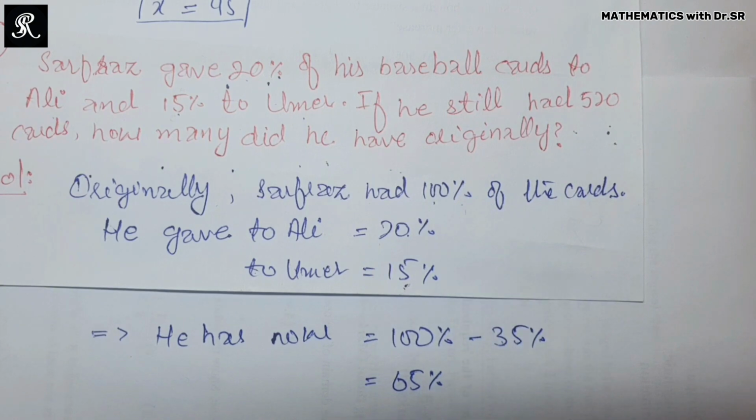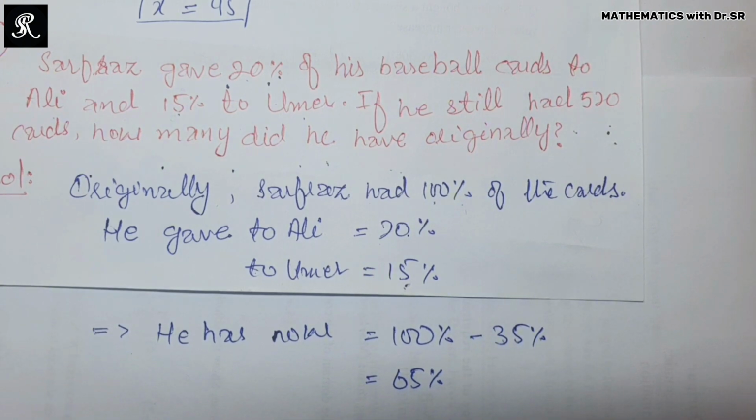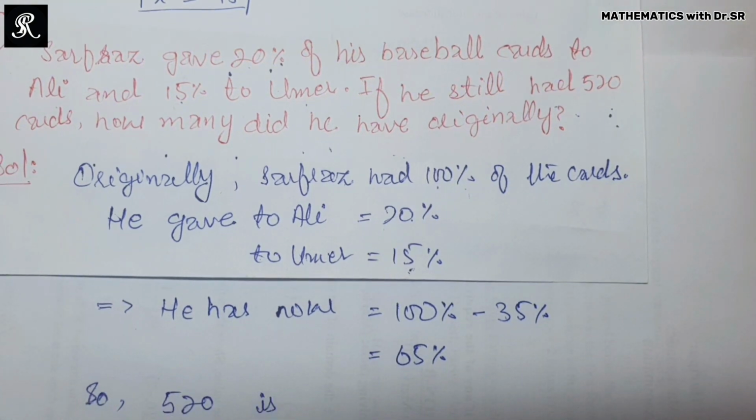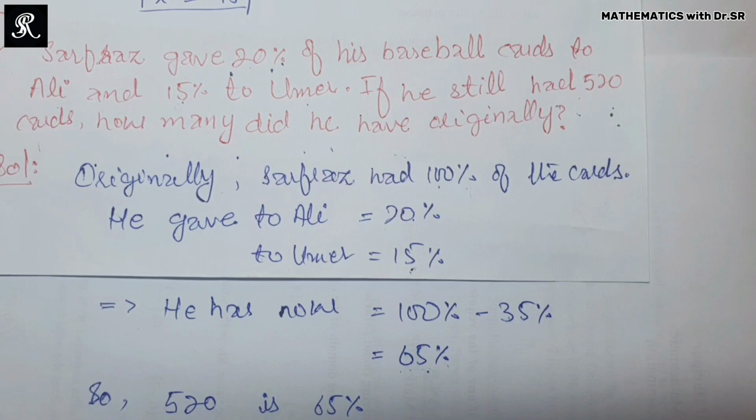So 520, now we will solve it, that we know that he left with 520. Now 520 is 65%. We know that he left with 65%. Now we need to know that 520 is 65% of what number?